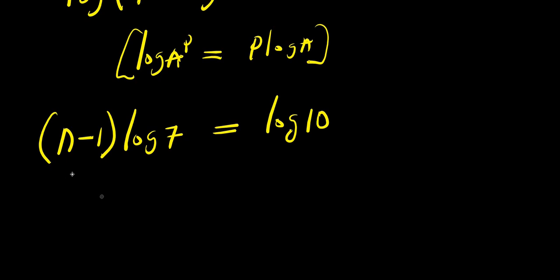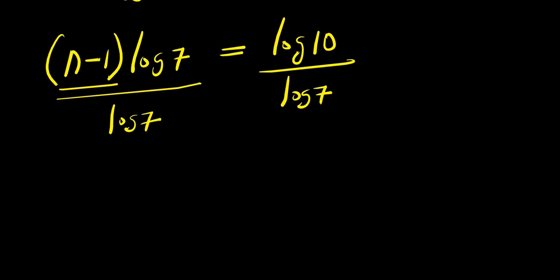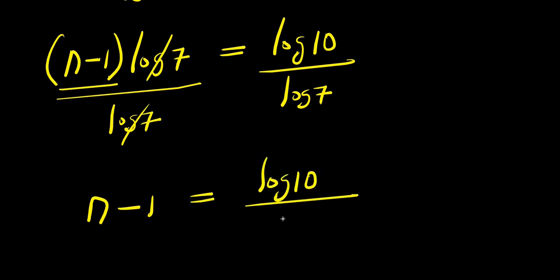So from here, I can isolate n minus 1. So I divide this by log 7. I divide this by log 7. So log 7 eliminates log 7. I have n minus 1 equals log 10 divided by log 7.